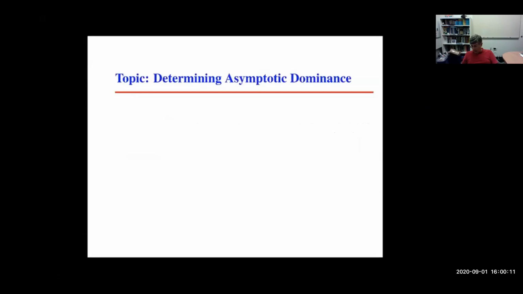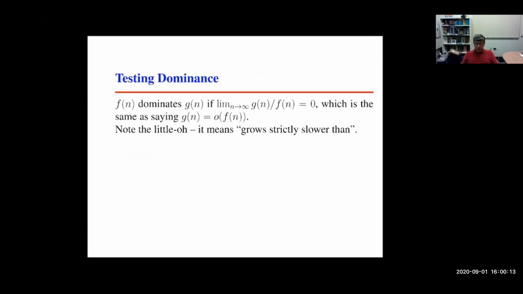How do we prove whether one class is different than another? There's this way of testing dominance, which we define in terms of limits. We say a function f of n dominates a function g of n if the limit of g of n over f of n goes to 0.